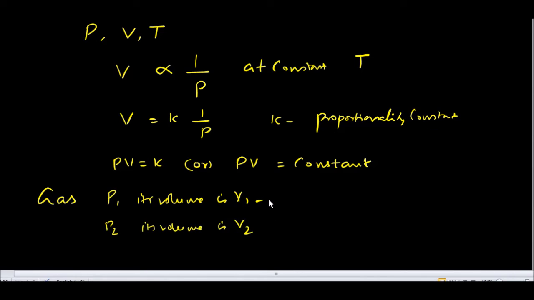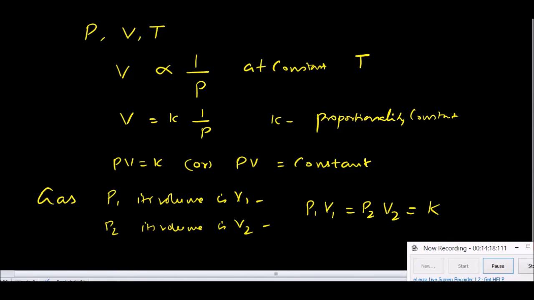So these are two different conditions. The relationship can be noted as follows: P1 V1 equals P2 V2 equals K, which is equal to a constant. This can be given in a graph as follows.